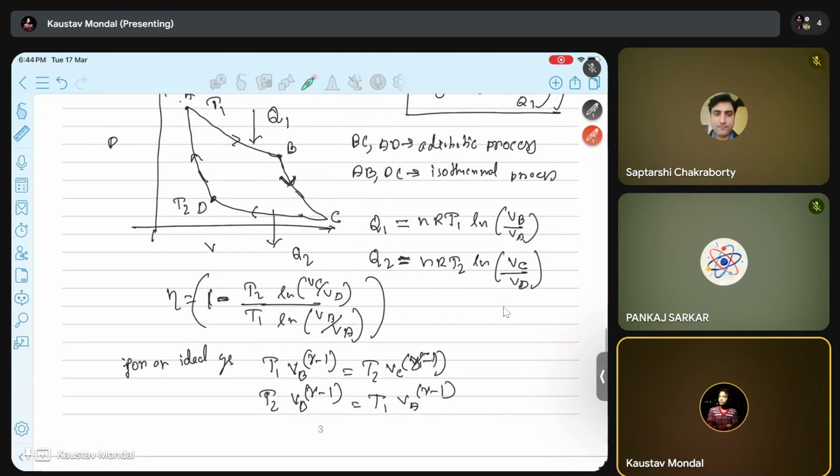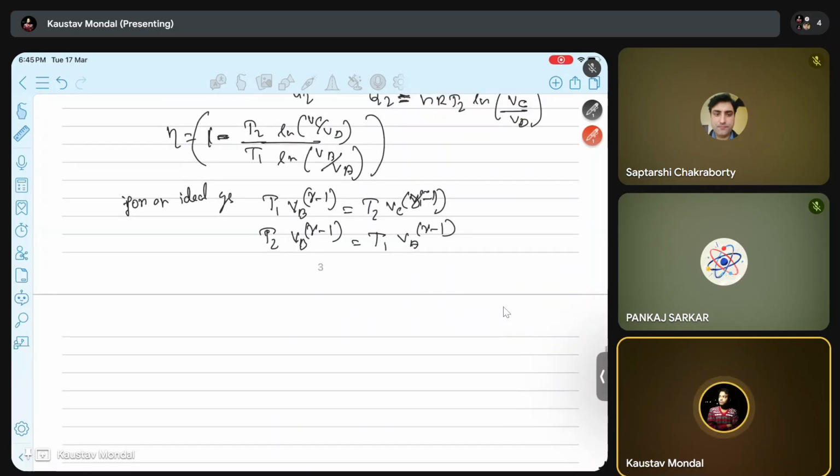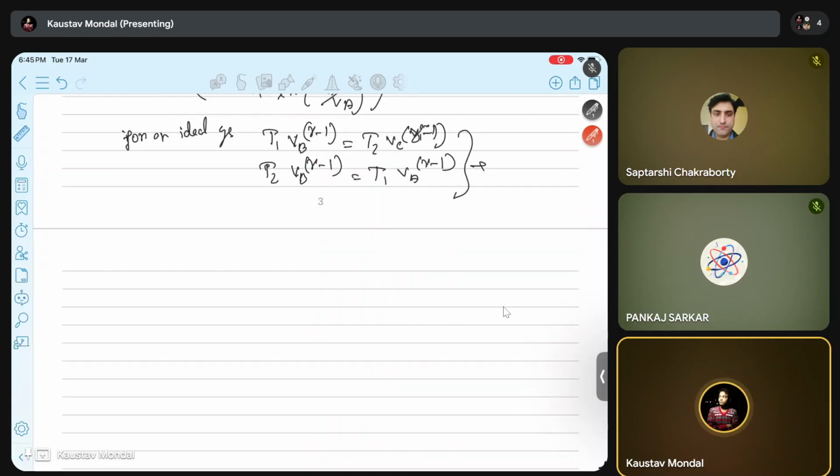So one relation is coming from this adiabatic process, and one relation is coming from that adiabatic process. Okay. So now you can take a ratio of these two relations, which basically gives you (VB/VA)^(gamma-1) equal to (VC/VD)^(gamma-1).